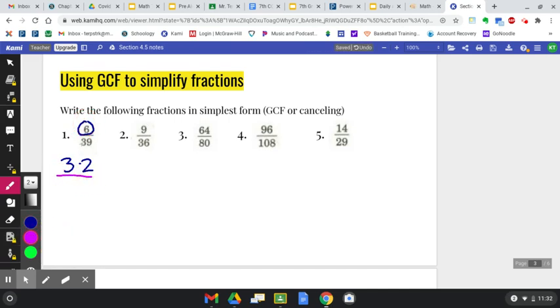On the bottom, 3 goes in there 13 times. We should also know that 3 over 3 is equal to 1. So when I cancel those out, the simplified fraction is 2 over 13. There's no other common factor between these two other than 1.